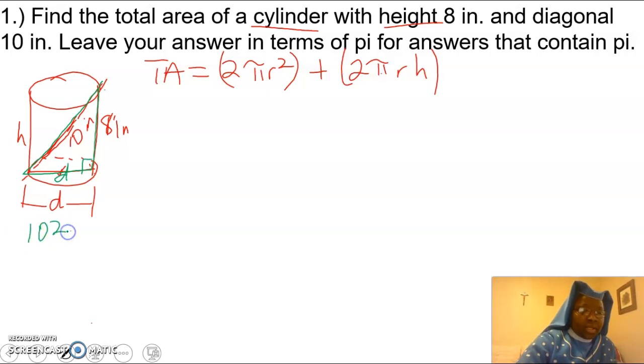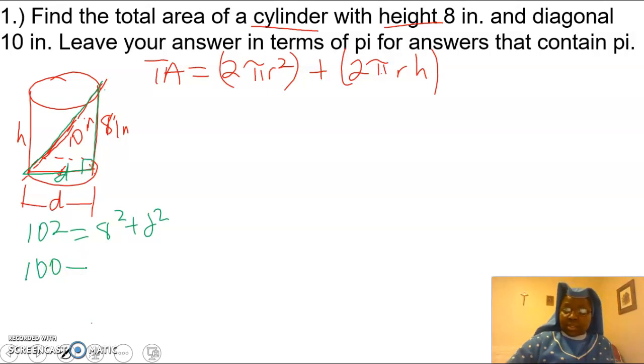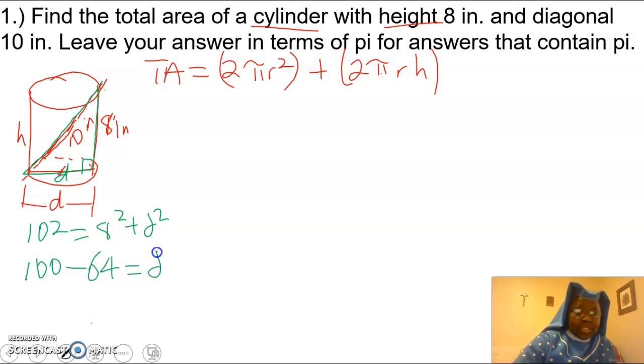Alright, so the hypotenuse is 10. So 10 squared is equal to 8 squared plus D squared. And so 10 squared is 100. And we can go ahead and subtract 8 squared from it. 8 squared is 64. So 100 minus 64 equals D squared.